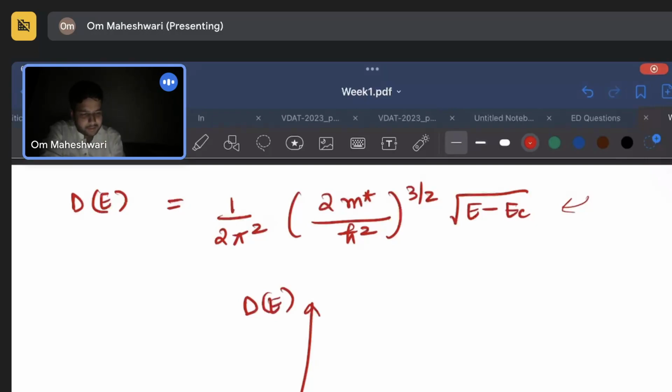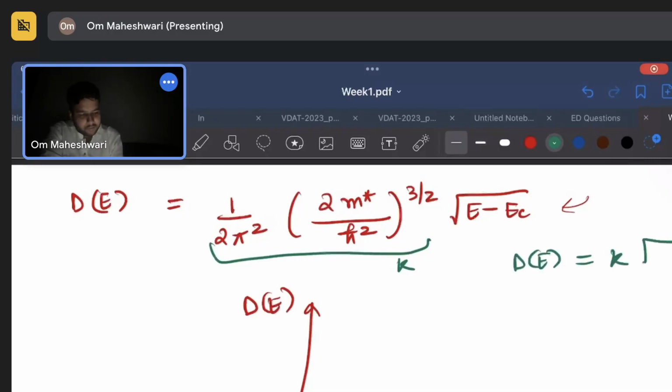Okay, so we can write this as, if I consider all this as constant k, dE is equal to k times root of E minus EC. So it is a square root function of energy. E is energy here. If I draw this, it is something like this, right?